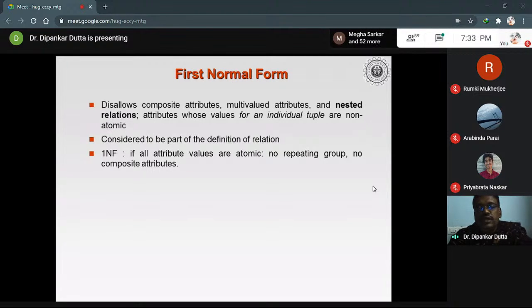So in a relation, all attribute values must be atomic so that we cannot divide them further. If a relation satisfies that, then it is in first normal form.